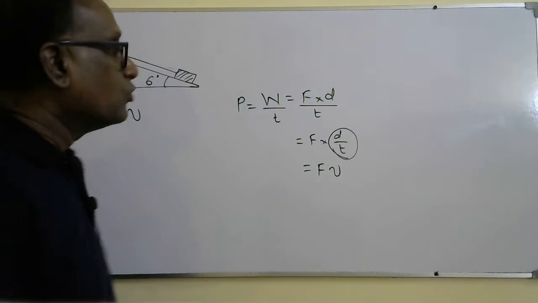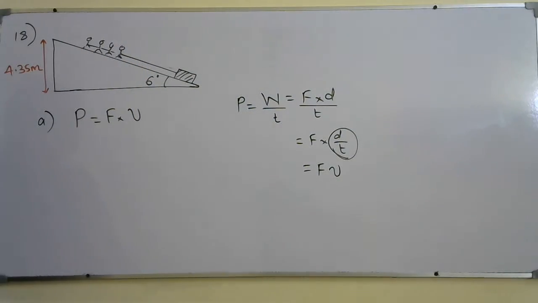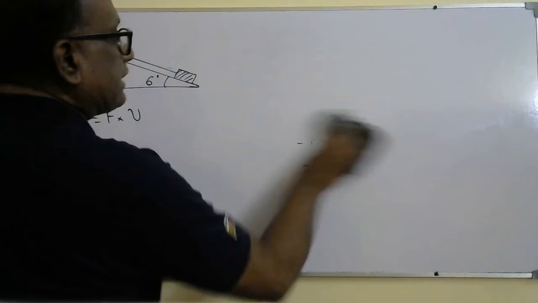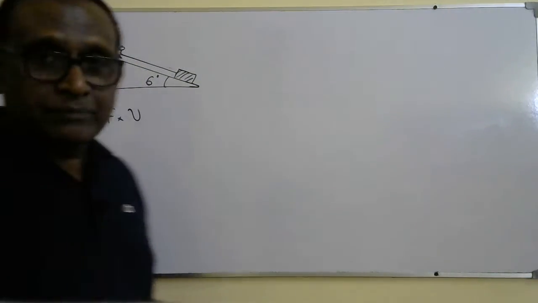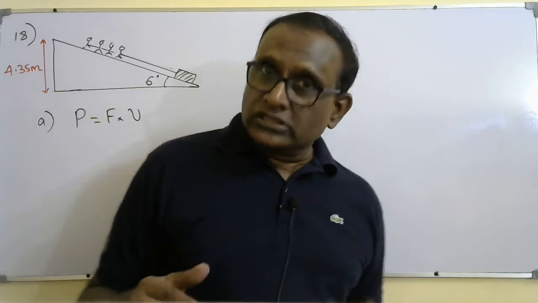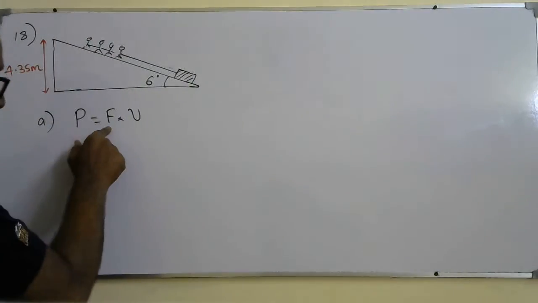So here they are saying it's moving at constant speed. So P equals Fv, where F is the force exerted by the people. So the total resistive force also will be the same because it's moving at constant speed. So the total force exerted by the people we are calculating.